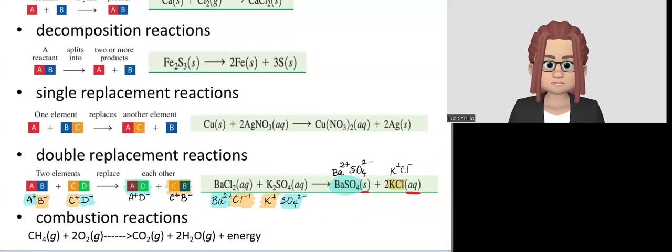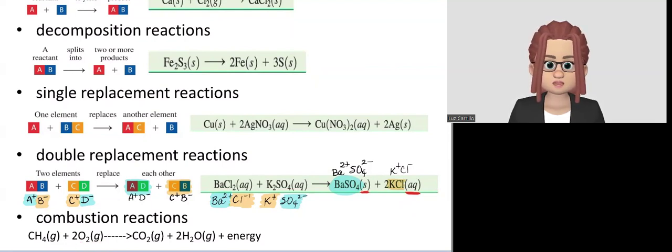The last type of reaction that we have here is a combustion reaction. And when it comes to a combustion reaction, understand that combustion reactions simply describe when a substance is reacting with O2.